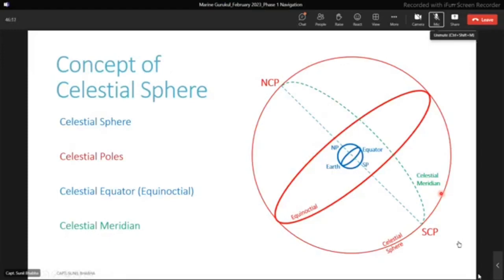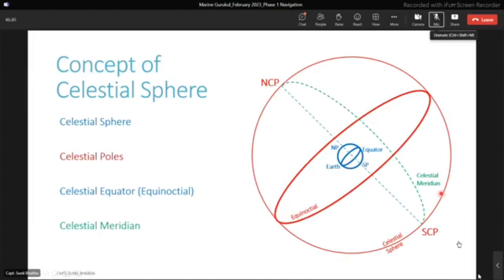What we use on the celestial sphere is GHA, Greenwich hour angle. Greenwich hour angle is measured with reference to this celestial meridian of Greenwich, and it is measured in the westerly direction. So just as we have the Greenwich meridian as a reference on the surface of Earth, we have the celestial meridian of Greenwich on the celestial sphere as a reference to specify the position of any celestial body.